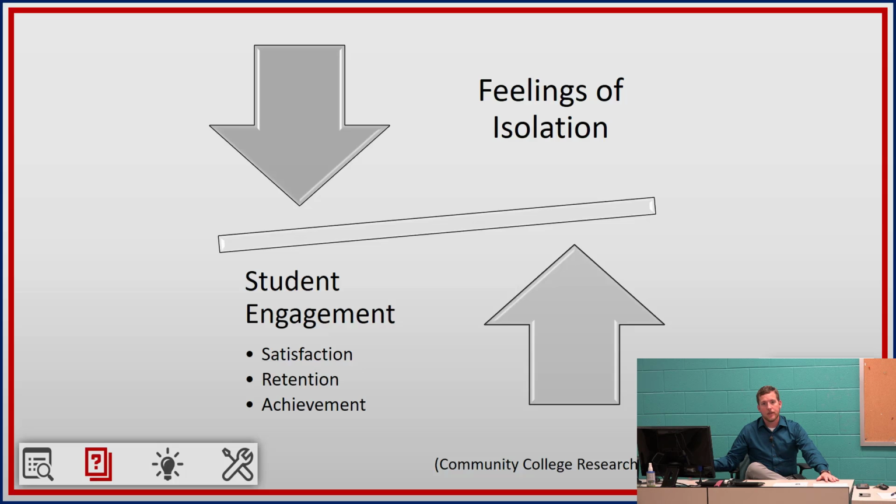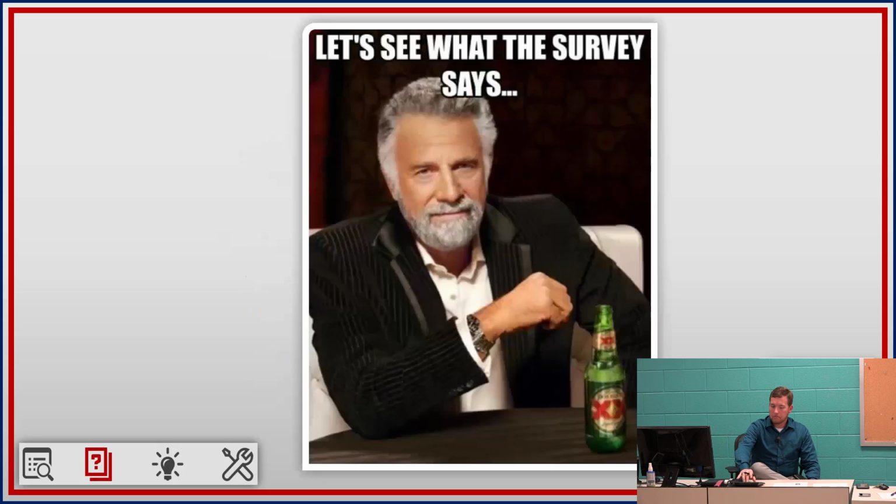They feel like the instructor is not there to help them, or not there at all, and they withdraw from the course. Now they might come back and take it traditionally, but we don't know. We don't want to lose them in the first place. So we want to do everything we can to not make them feel isolated, to make them feel a part of a learning community.